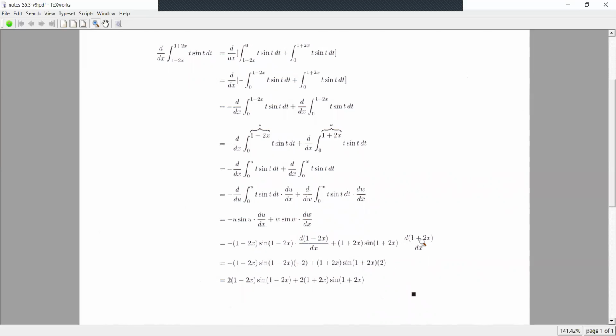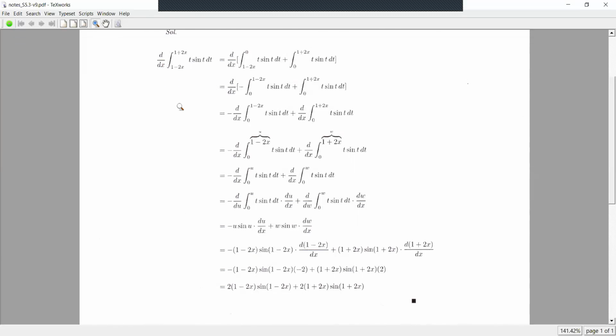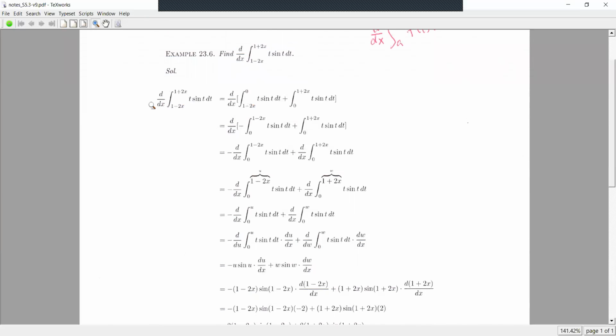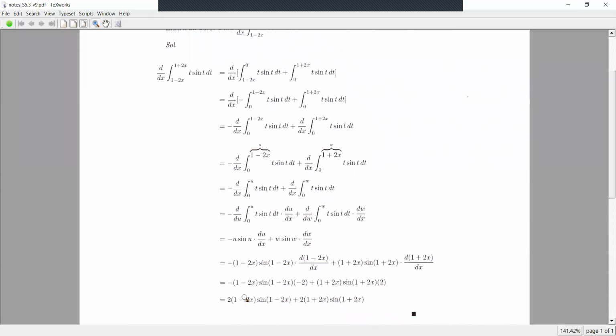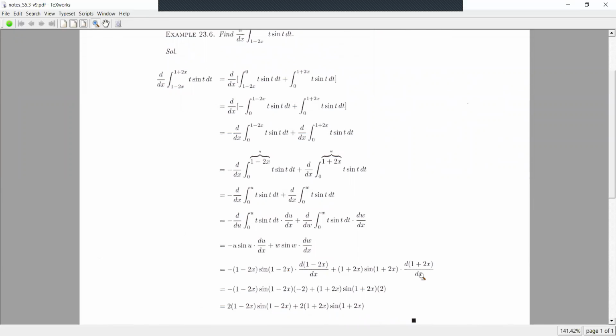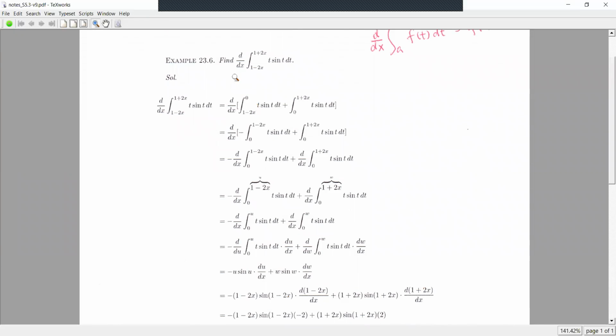The derivative of 1 plus 2x is positive 2. Simplify this result a little bit, then I get this function. This function is the derivative of this integral. This function is the answer to this problem.